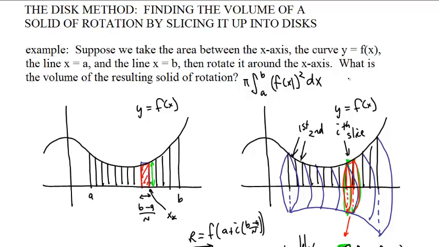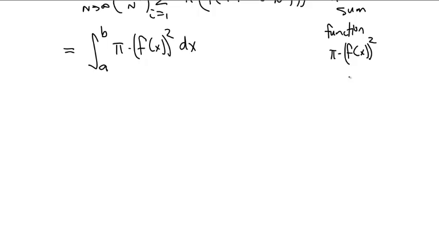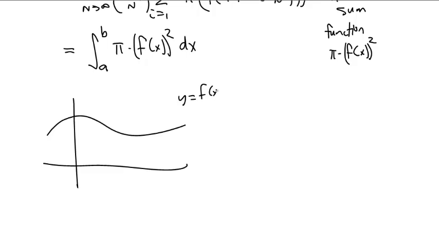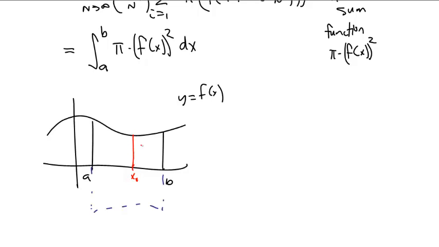And just think of, we take our function, y equals f of x, from a to b. This isn't as correct, but if you rotate it in your mind, and you look at the thinnest possible slice at one particular point, x star, I know, it's just a line, it will form a circle, a two-dimensional circle.